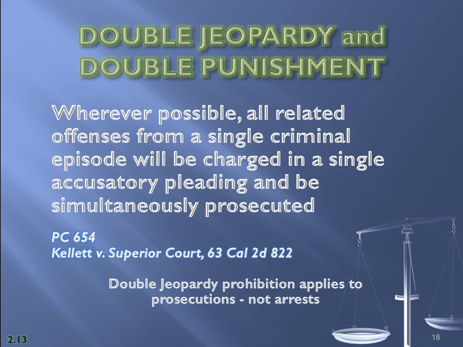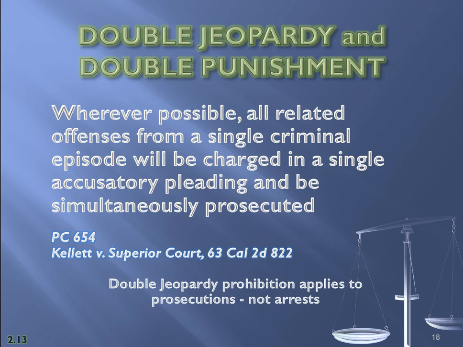Likewise, ADW includes one element, assault, that is not an element of robbery. So under Dixon, separate prosecutions would not violate double jeopardy. So in a nutshell, you can file these things separately, and that's okay.